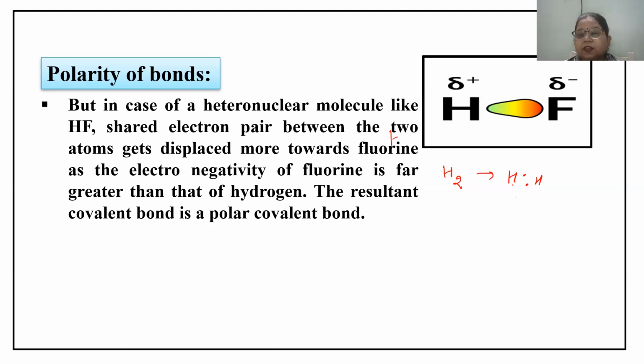Otherwise, the shared pair of electrons lies closer to chlorine or fluorine, which is more electronegative as compared to hydrogen. It will get a partial negative or a partial positive charge. The value of this partial charge, delta, is always less than 1.